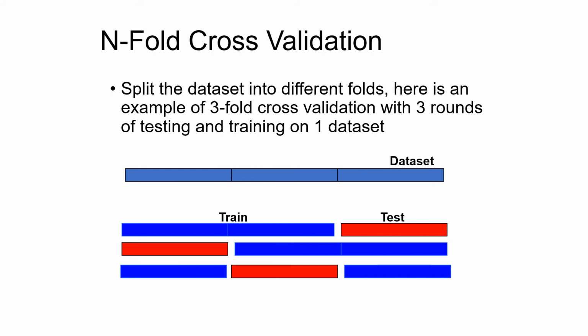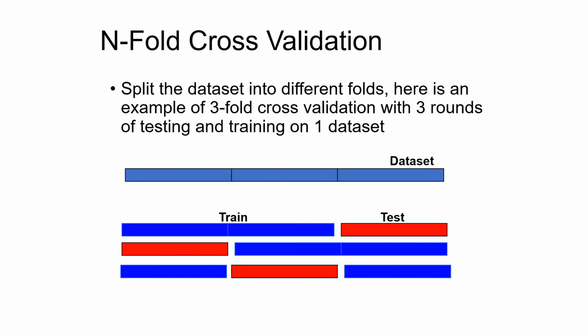In one test, I take the 2 left portions as the training set, and 1/3 is the test set. I can then reverse things and take the red set, which is on the left now, and the blue set is the training, or I can divide it into 3 segments, which is shown at the bottom.